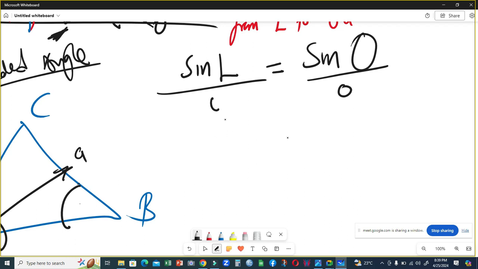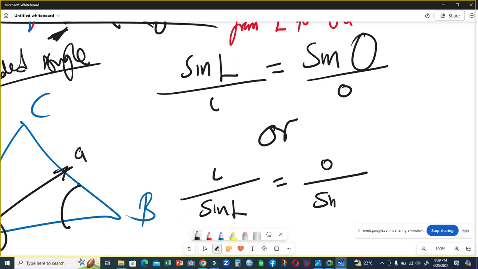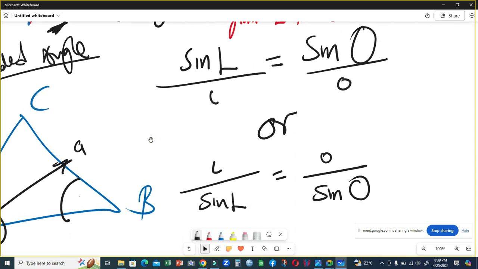So you can either write it like this, or you can say L over sine L is equal to O over sine angle O. The only secret is once you start with sine, then even after the equal sign, write sine and then the sides down. Or you can put the sides up and then the sine and angle down.